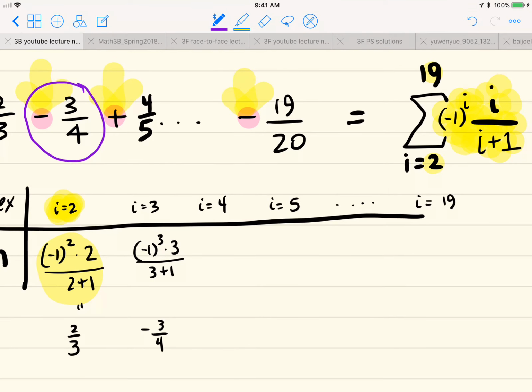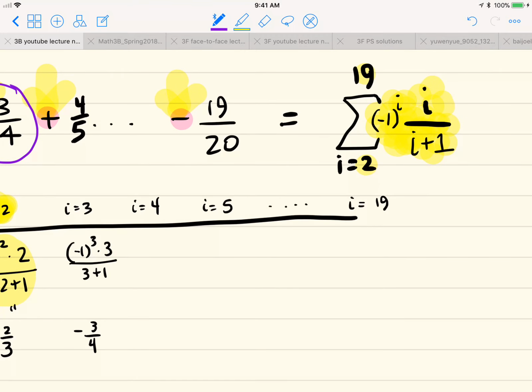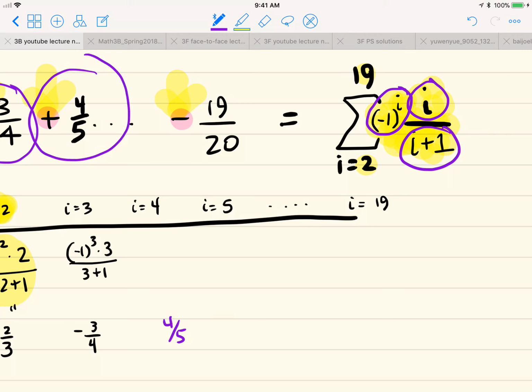Negative 3 over 4. And now for 4 over 5, for i equals 4, I'm going to have negative 1 to the 4th power, that's just plus 1, and I'll have 4 over 5, which is what I want. Now let's verify the last one.